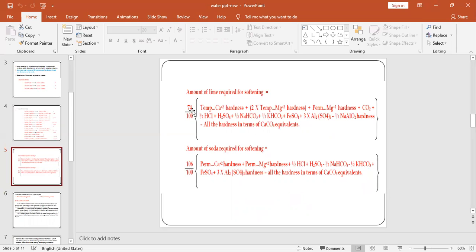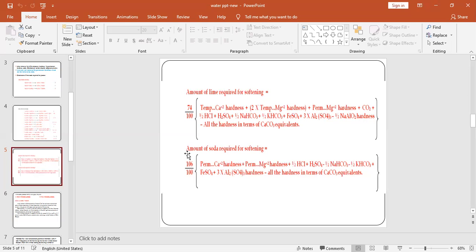The formula is 74/100 into temporary calcium hardness plus 2 into temporary magnesium hardness plus permanent magnesium hardness plus carbon dioxide plus half mole of HCl plus H2SO4 plus sodium bicarbonate plus potassium bicarbonate plus iron sulfate plus 3 moles of aluminum sulfate minus half mole of sodium aluminate hardness, all hardness in terms of calcium carbonate equivalence.